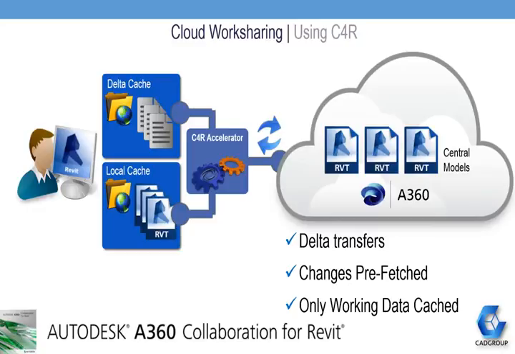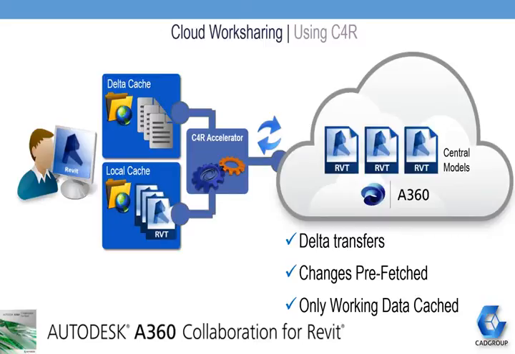The slide we are looking at now shows how C4R uses the technology. Basically, it maintains the lower half of the Revit Server structure. It's still using the local cache, which is the local model in the LAN setup.